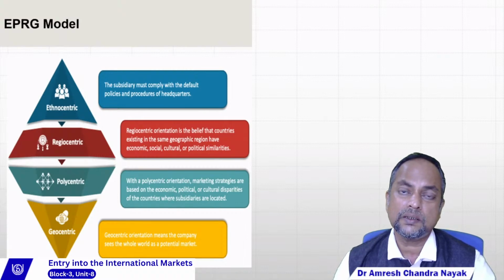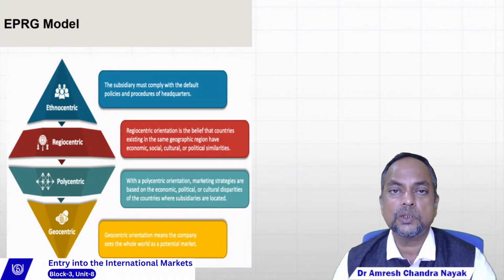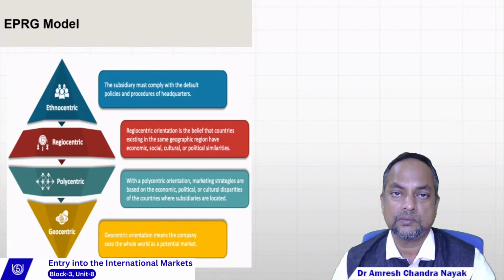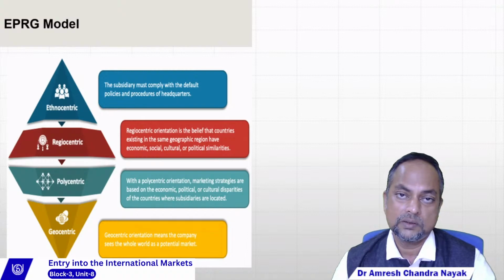So, to what extent am I responding to the local requirements of the host country, and to what extent am I concerned about the implications of the domestic country policies, plans, rules, regulations, or it's neither the domestic country nor the host country.